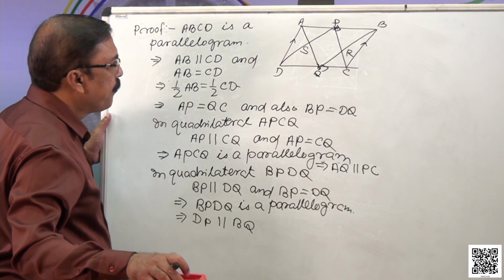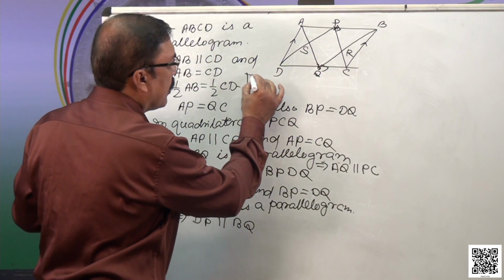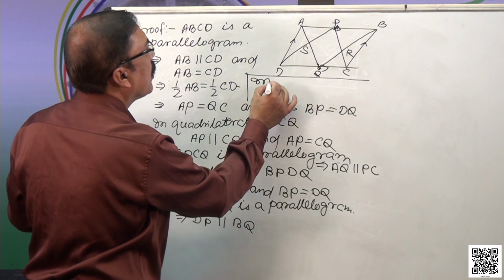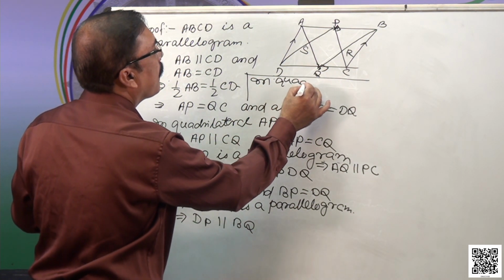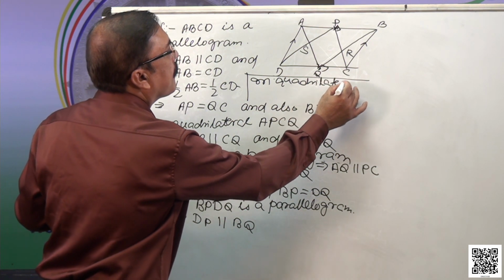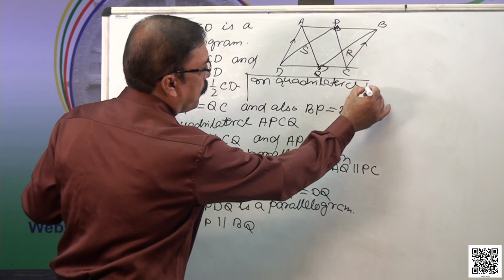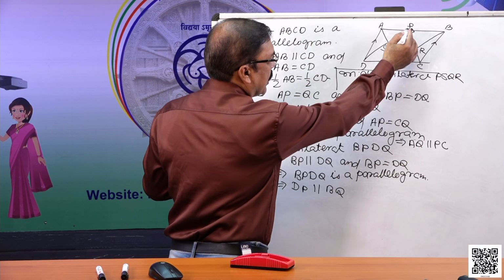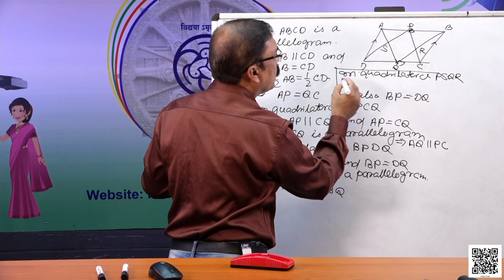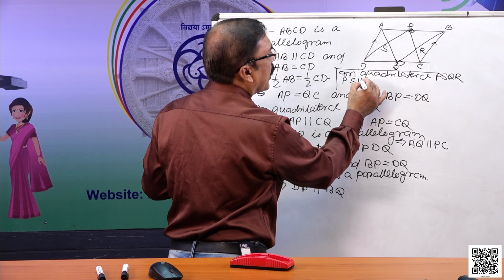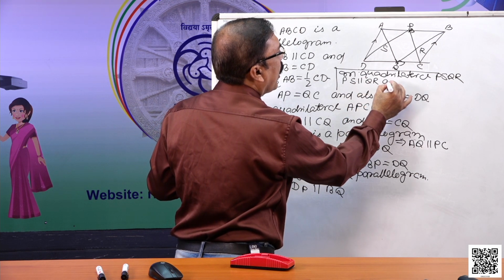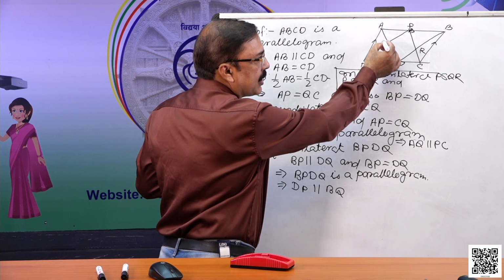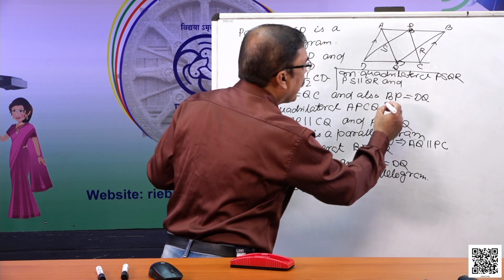Now consider the quadrilateral PSQR. In quadrilateral PSQR, as PD is parallel to BQ, we have PS is parallel to QR, and as AQ is parallel to PC, we can say SQ is parallel to PR.